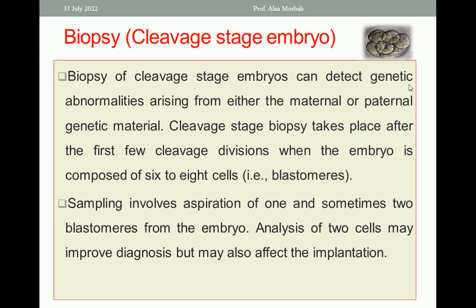However, the analysis will be improved with 2. But if I can do it with 1, this is better for a better outcome, I mean better implantation. Remember the advantage and disadvantage of taking 1 or 2 blastomeres for analysis.